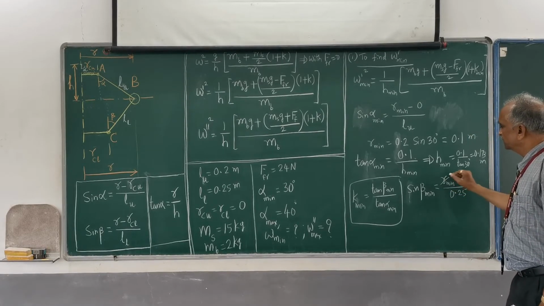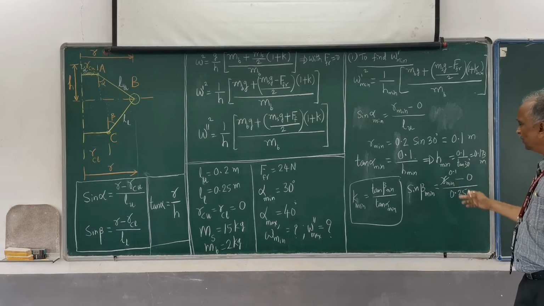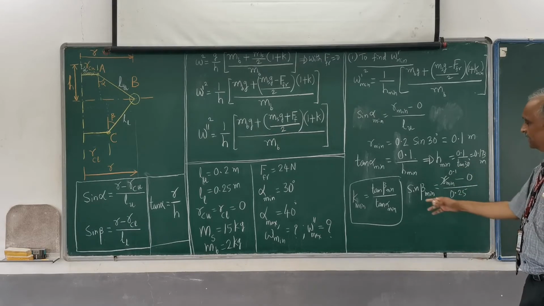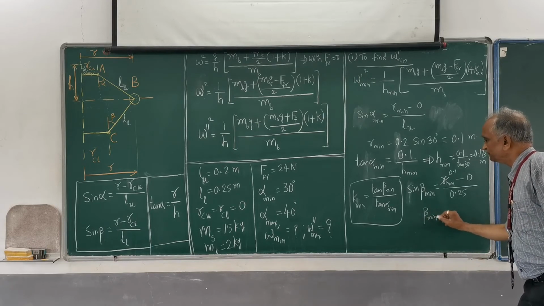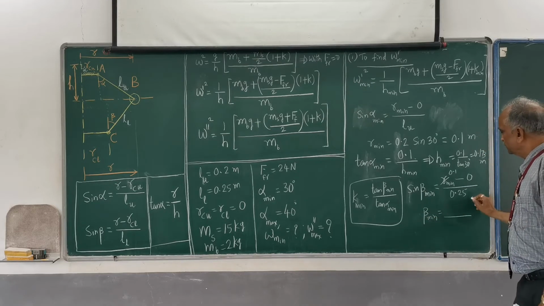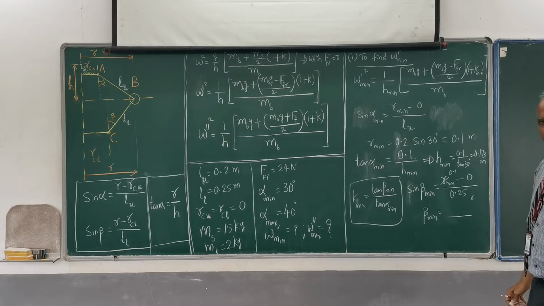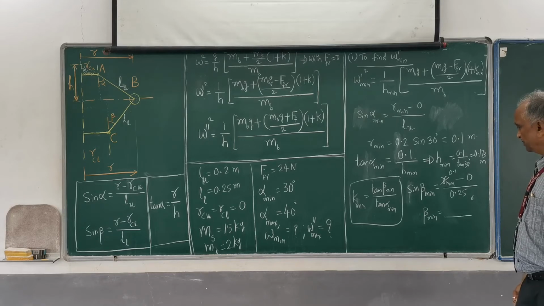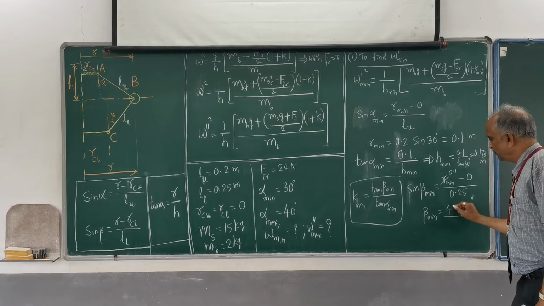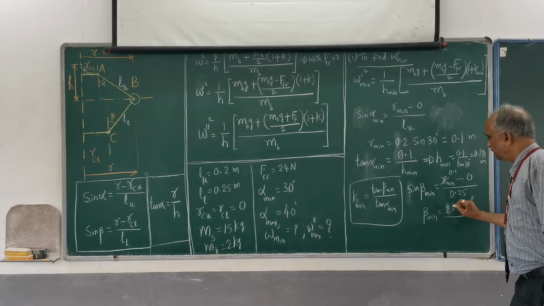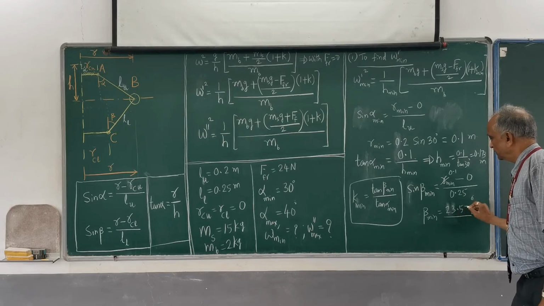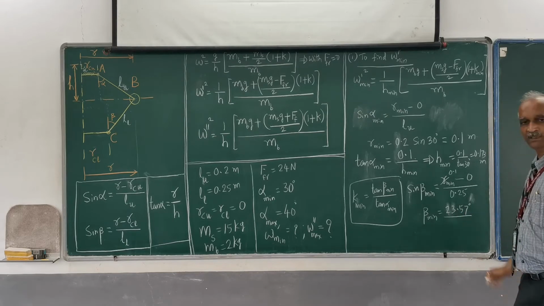So this value is 0.1 divided by 0.25, and from this you find out beta minimum. Sin inverse of 0.1 divided by 0.25 is 23.57 degrees. Okay, this is beta minimum.